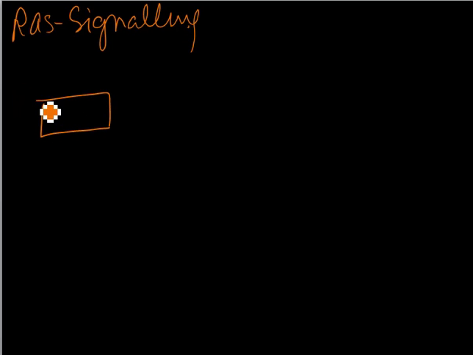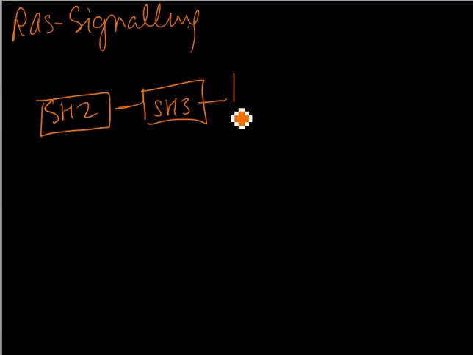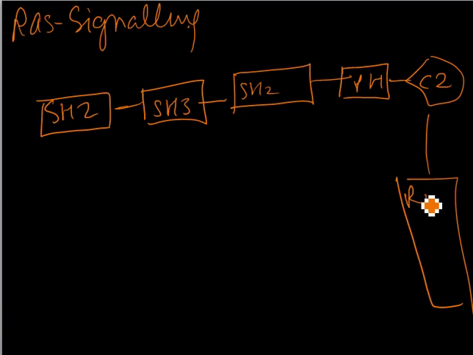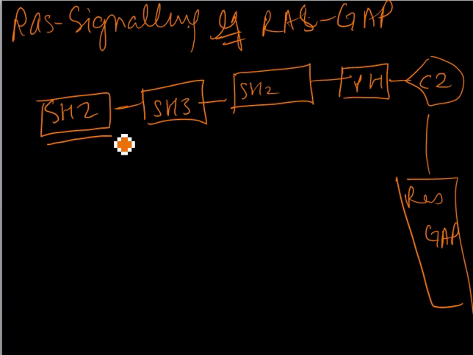So RAS signaling has an SH2 domain, then it has an SH3 domain, then it has an SH2 domain again, then it has a PH domain, and we will get to PH domains a little later, then it has a C2 domain, and then it has the RAS GAP, and the example that I'm using here is of RAS GAP, so that explains it. So SH2, SH3, SH2, PH, C2, and then RAS GAP. There's 2 more examples, and we'll just continue those in the next video.